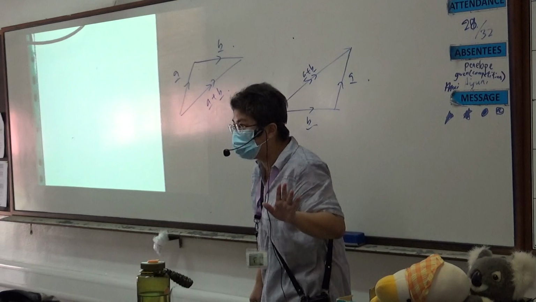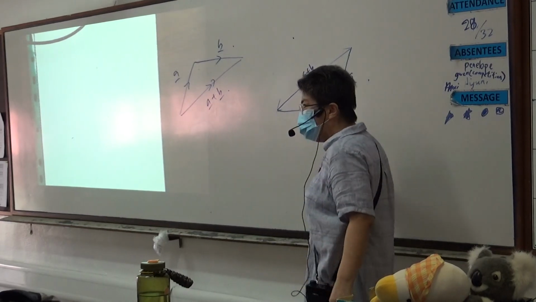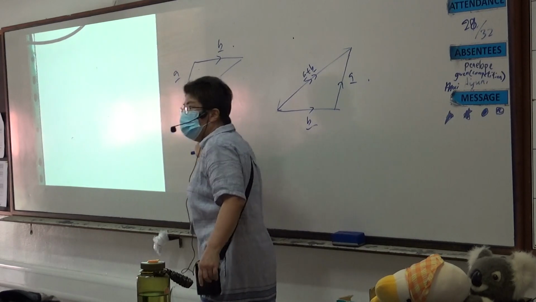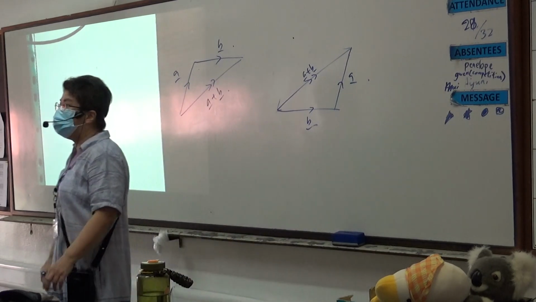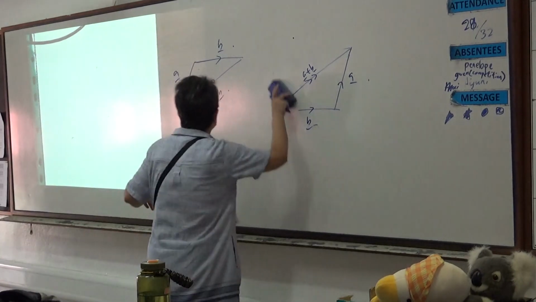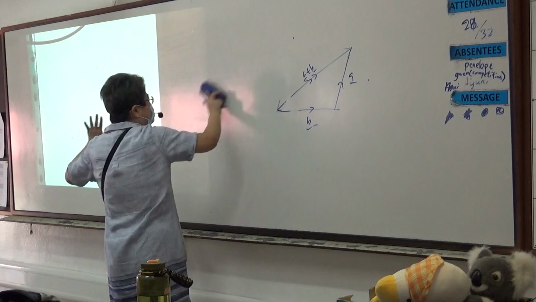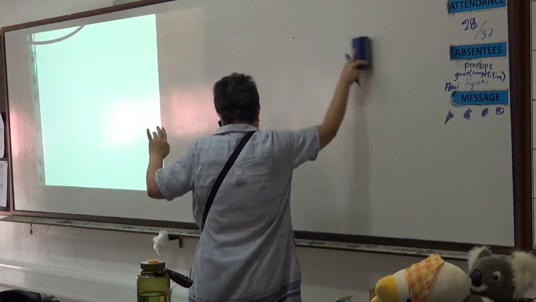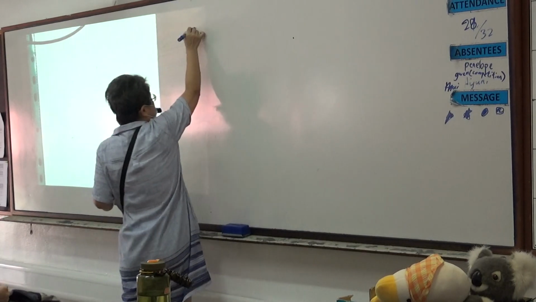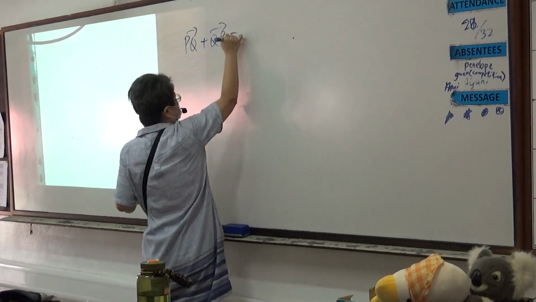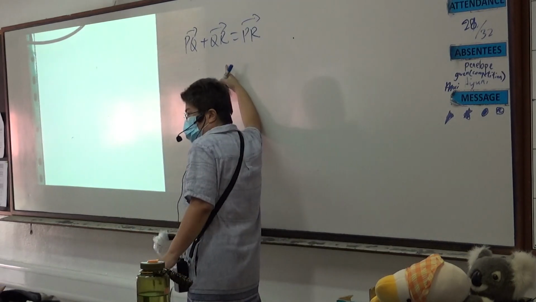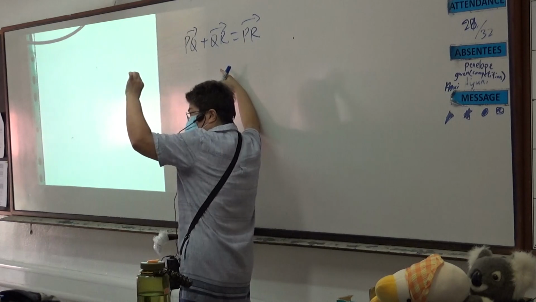Everybody clear? Can or cannot? So from now on, I will not use the parallelogram law. I will use the triangle one. It's easier. But the triangle one comes from the parallelogram. Is that understood? Okay. Now, next I want to say this: when we add, PQ, that means whenever you start must be where you stop, right?